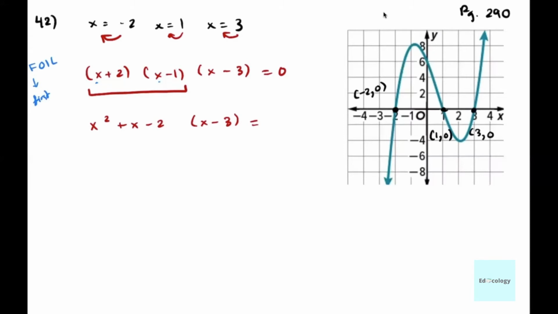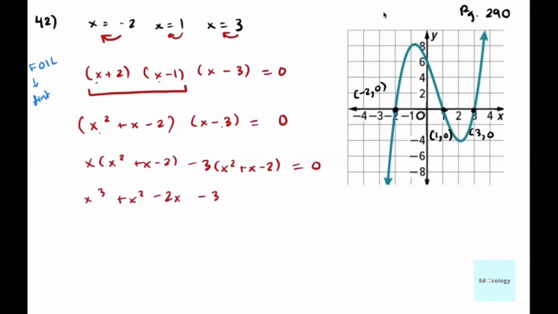Now, you will multiply x minus 3 and this trinomial. So now you use the distributive property. -3 times each term, equal to 0. You multiply them. And then you simplify.